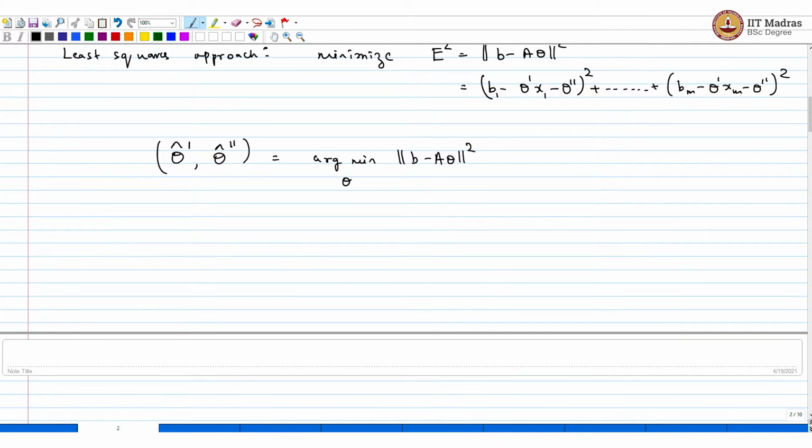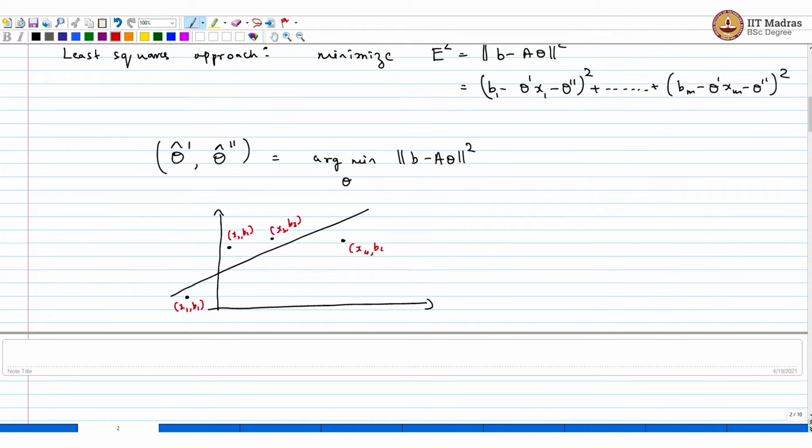So pictorially what you are doing is, imagine you have points like this. Okay, let me draw the line. So let's say this is x1 comma b1, x2 comma b2, x3 comma b3, x4 comma b4.